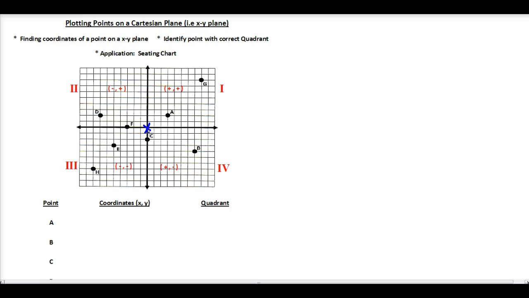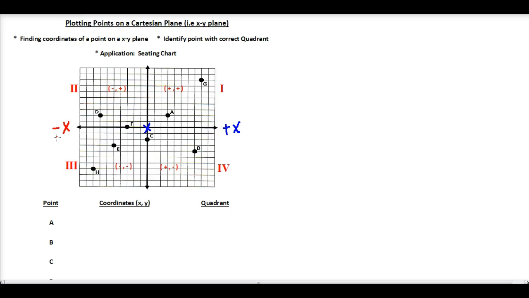And so when we go to the right, we're going in what we call the positive X direction. So our X values get more positive as we go here. As we go to the left, we are going in the negative X direction. And so that would go this way. Now, horizontally, again, as we go further and further to the right, we're getting more positive with the X values.